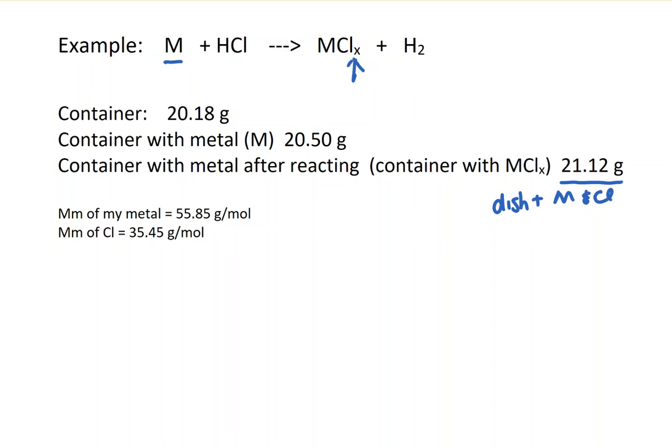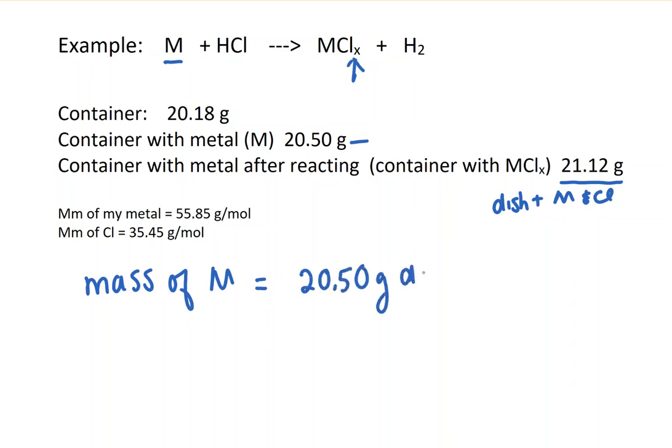Okay, so let's start by calculating the mass of the metal. To do that, I'm going to take the mass with the container, so the dish plus the metal, and subtract off the dish.